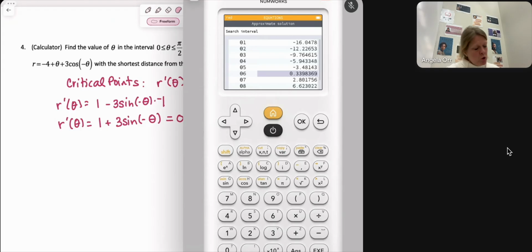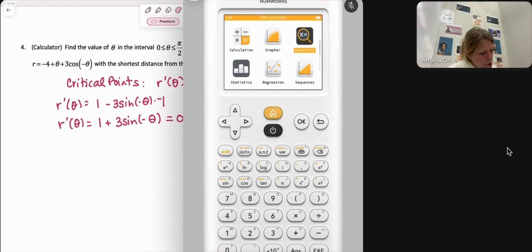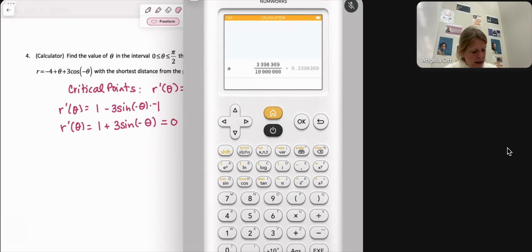I'm going to store this by hitting Shift and the X to the Y key to get the arrow, and then I'm going to hit alpha and A, and then I'm going to hit execute. Okay, now if I go back to my home screen, let me just make sure by typing alpha A that that's stored properly.